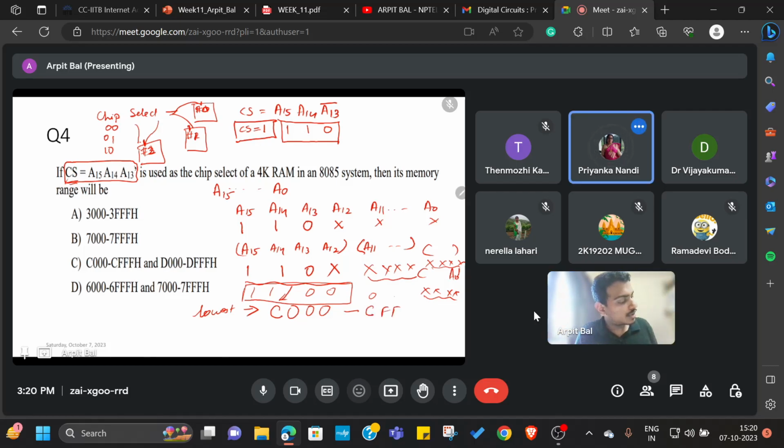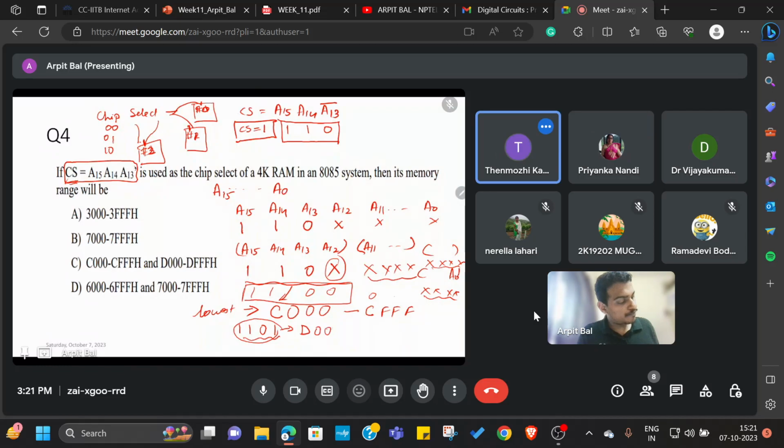CFFF. Correct. Similarly, let's say this X is equal to 1 now. In that case, what will be the lowest value? It is D000. Correct. Similarly, it will go till DFFF.